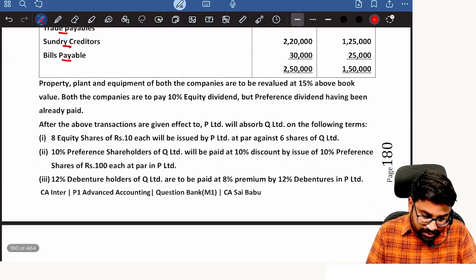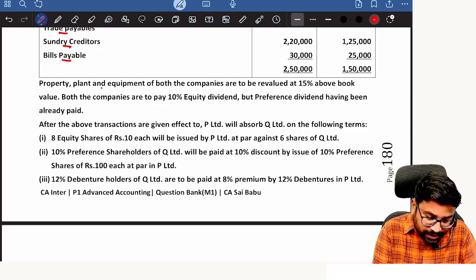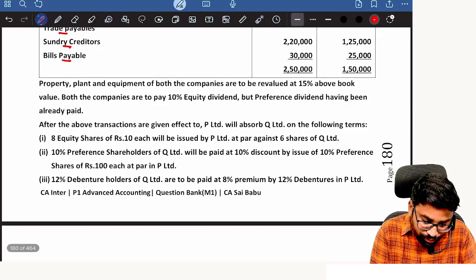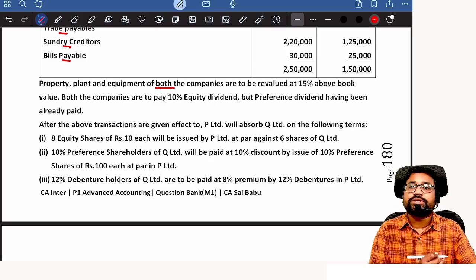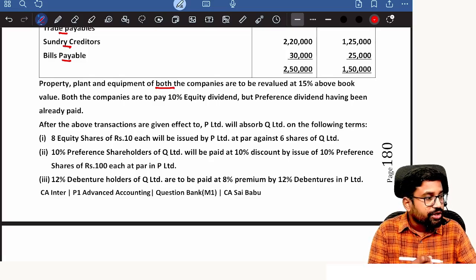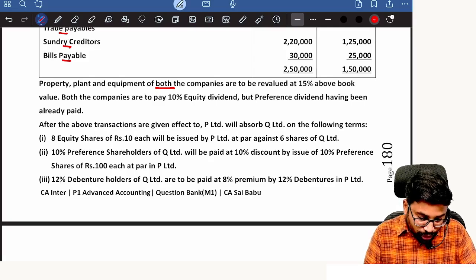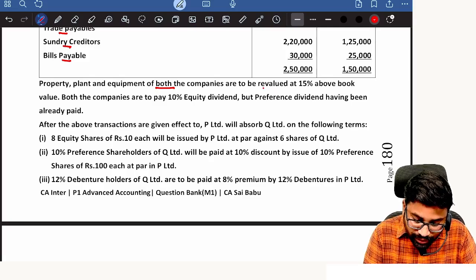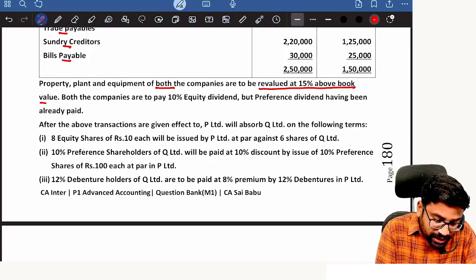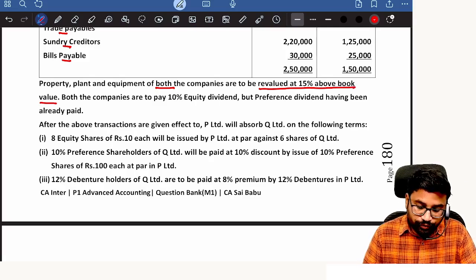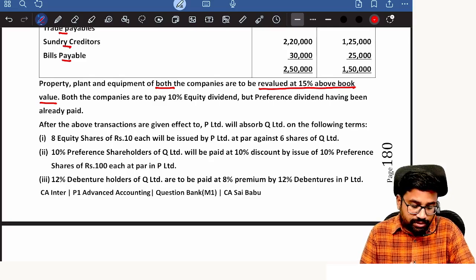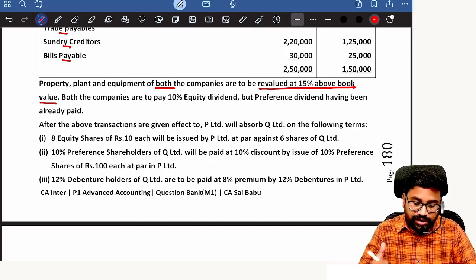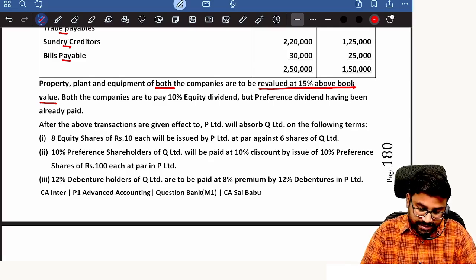Now what happened? See this. Property, plant, equipment of both the companies. Here the important word is both. Property, plant, equipment of both the companies are revalued at 15% above book value. Therefore, for P Limited and Q Limited, we need to increase property, plant, equipment by 15% because they have done the revaluation.